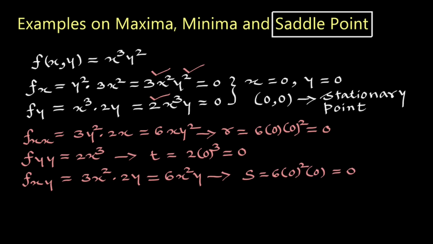So we have here r equals t equals s equals 0, implying rt minus s square equals 0, which means further investigation is needed.